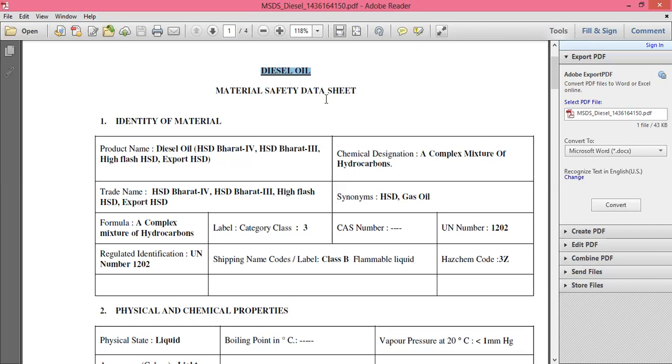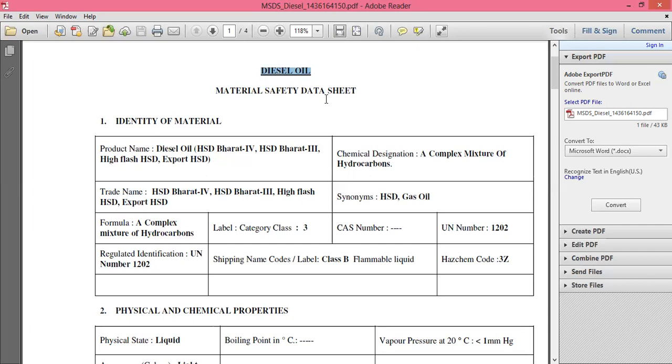Now the MSDS has to be provided before loading the cargo. This has to be explained to all the crew members, and then it is posted in a conspicuous location so all the crew members can read it, and also a copy of it is kept at the gangway.